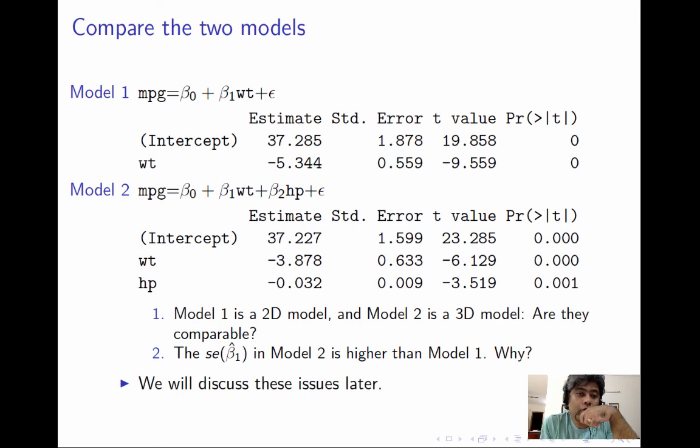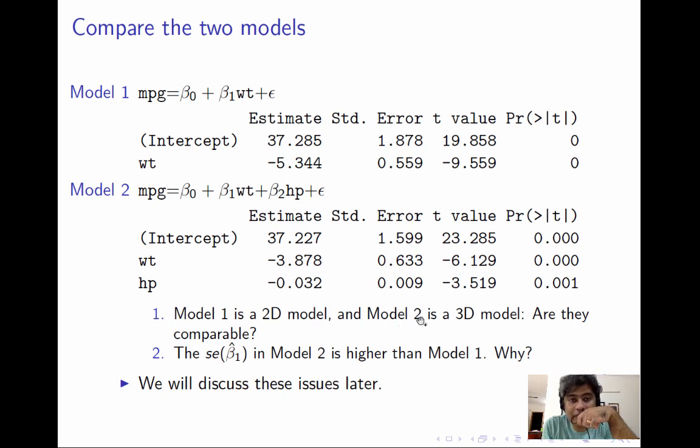Now you look at the two models. So far we have considered only two models: miles per gallon as a function of only weight, and miles per gallon as a function of weight and horsepower. If you carefully consider, model 1 is a two-dimensional model and model 2 is a three-dimensional model.